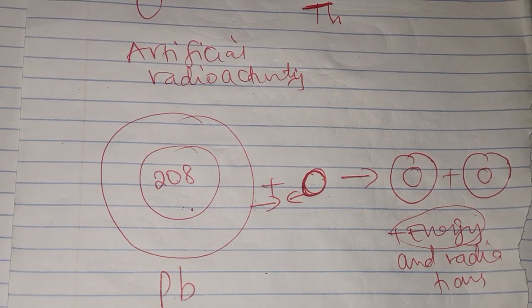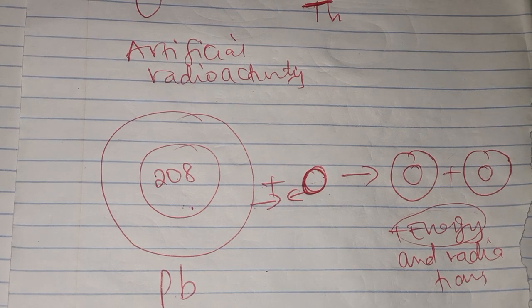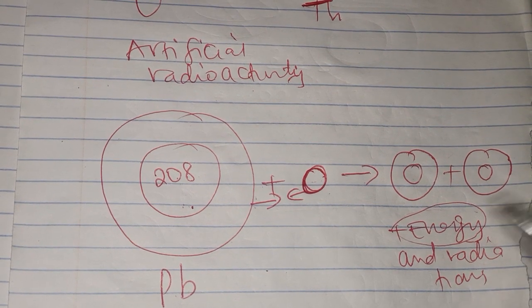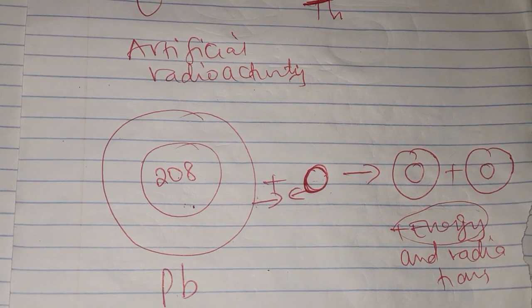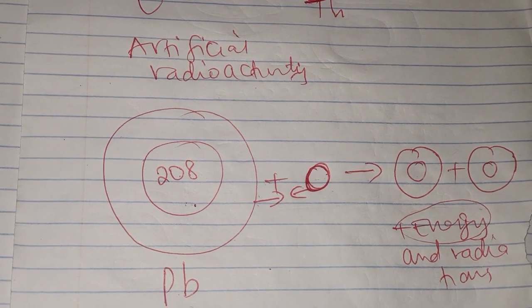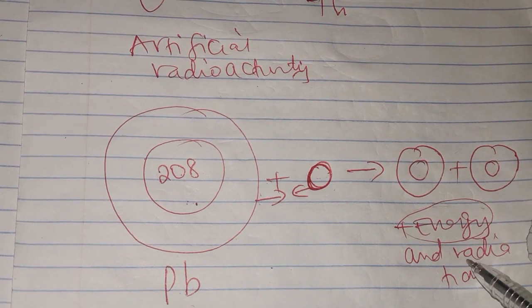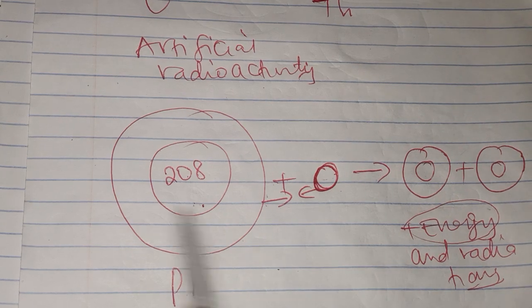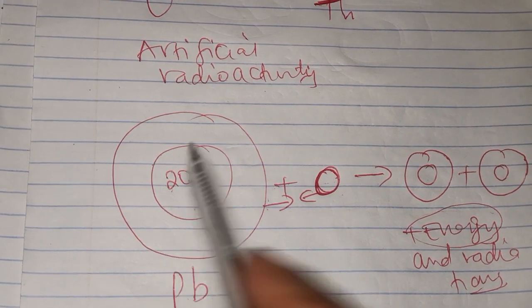The water forms steam, the steam turns turbines, and this generates electricity in a power station. But now, let's come back and look at the radiations produced when a radioactive nuclide splits.